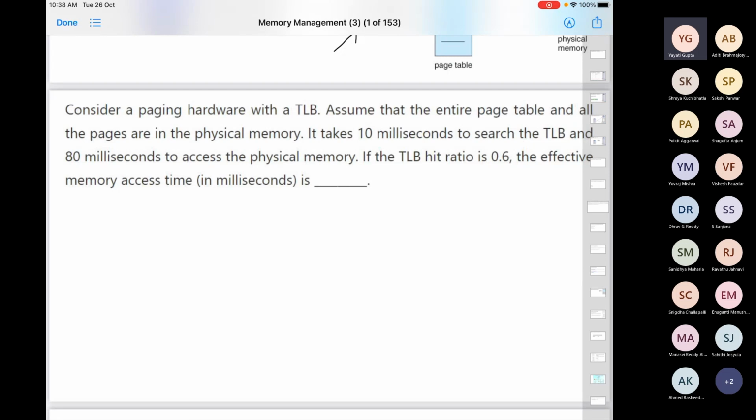Right? So one is when you need the frame number. Then you take that frame number and compute the exact memory address and fetch the data from there.